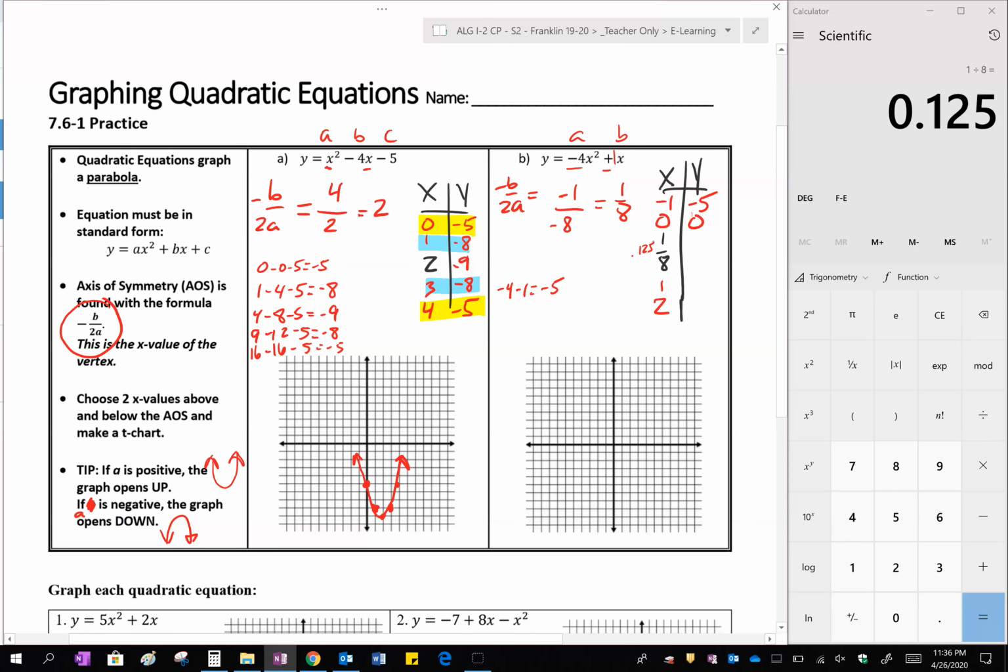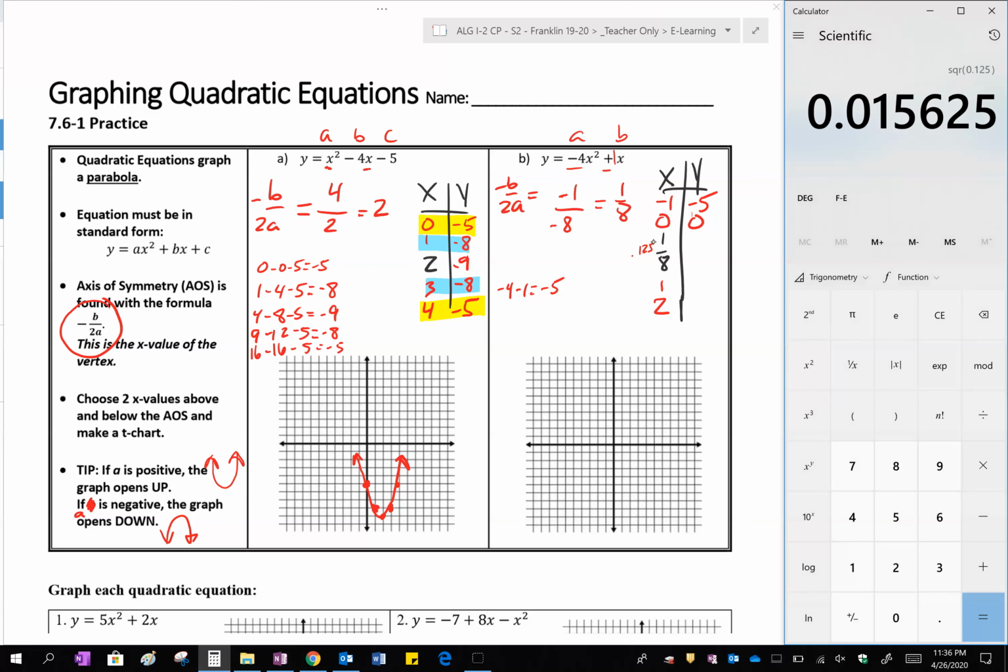So let's use 0.125. Squared is this, times negative 4, okay, negative 0.0625, plus 1/8, so plus 0.125, gives us 0.0625.